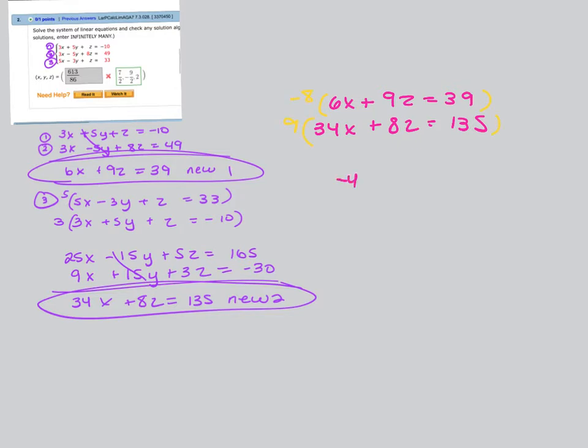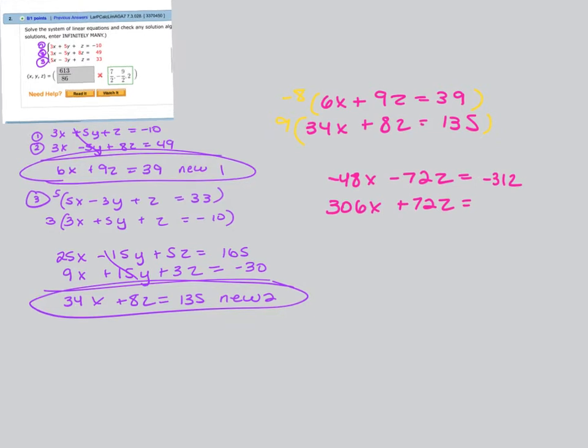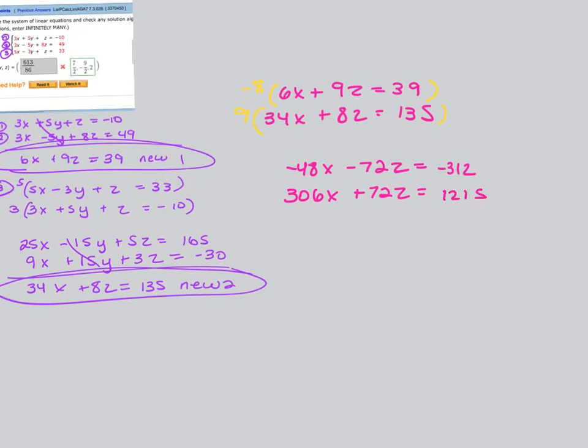So negative 48, negative 72, 38 times 8, negative 312, 306x, 72z, 1215.